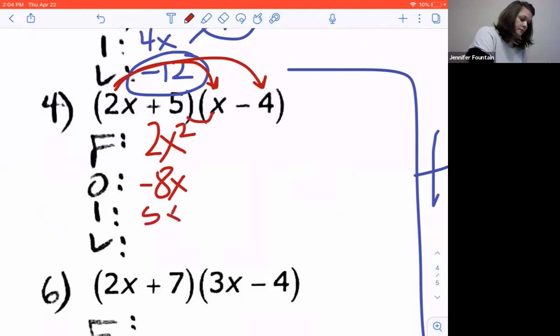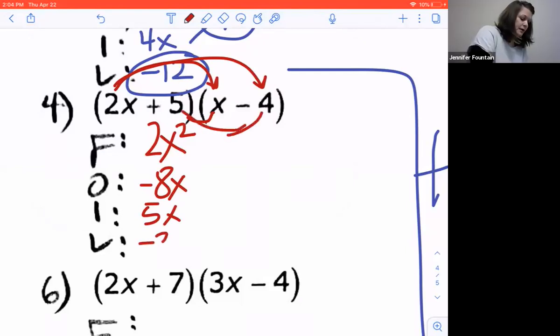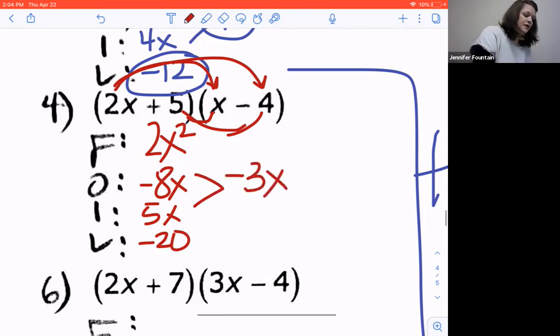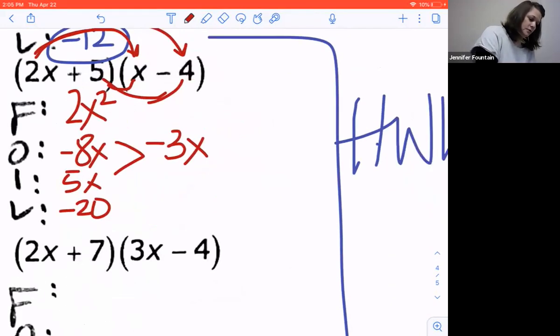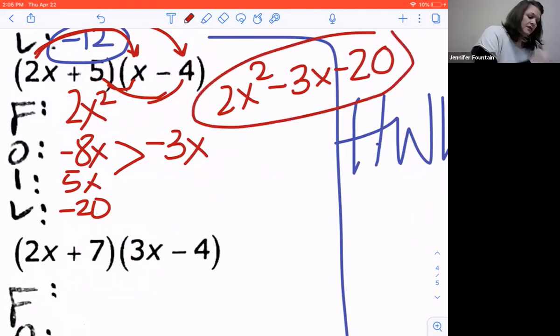And then 5 times negative 4 is negative 20. Now what are we going to combine? Negative 8x and 5x, so that'll be negative 3x. Good. So how do you write your final answer? 2x squared minus 3x, and then minus 20. There you go. Good job. Thank you.